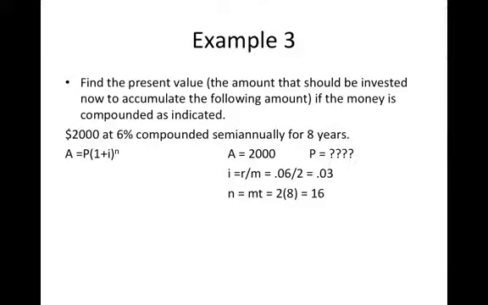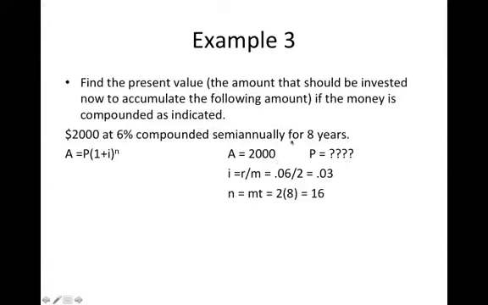Okay, so for example 3, we're going to kind of look at things backwards, find the present value, the amount that should be invested now to accumulate the following values. So present value, that's just another word for principal. So it's good that they both start with a P because we're looking for P. We want to get $2,000 at 6% compounded semi-annually, so that means M is 2, for 8 years.